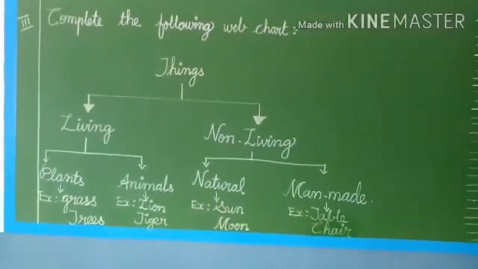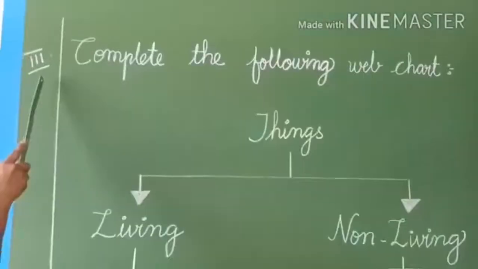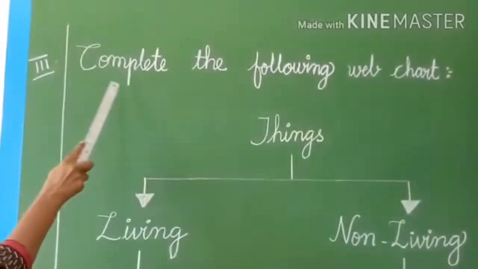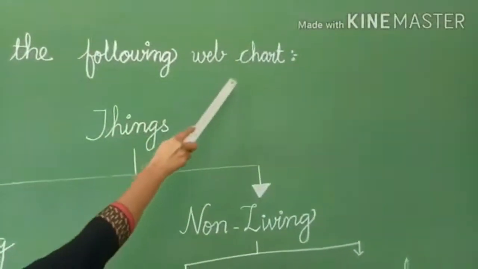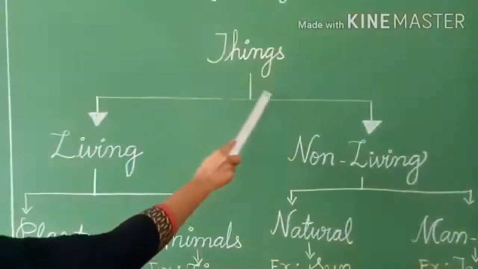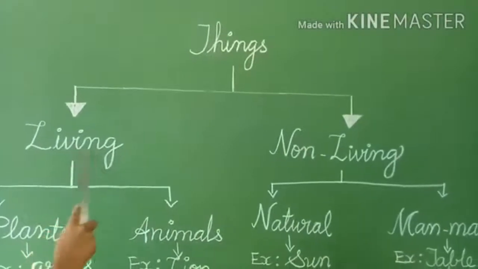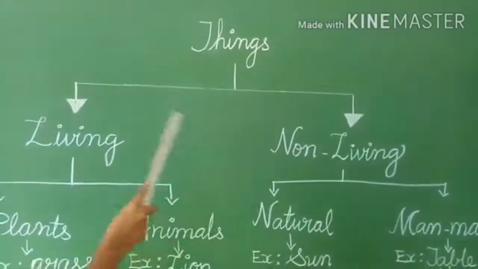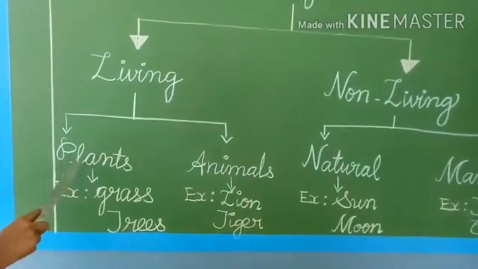Complete the following web chart. Our third button is complete the following web chart. Things divided into two types. What are they? Living and non-living things. Living things divided into two types. What are they?